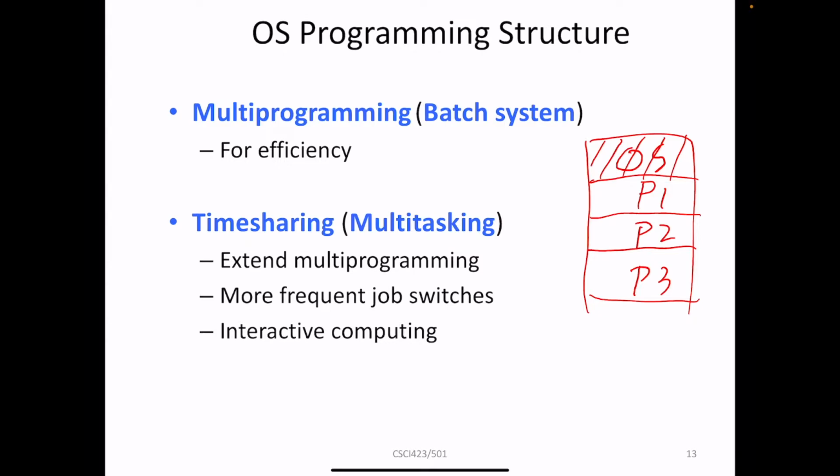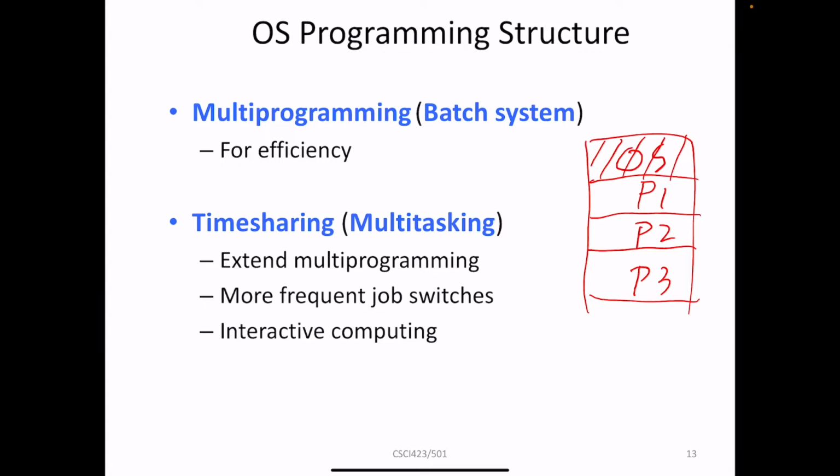Another programming structure in this slide is called time sharing, which is also called multitasking. One thing you need to be careful about: do not confuse it with the name multi-programming. Multitasking is an extended version of multi-programming.